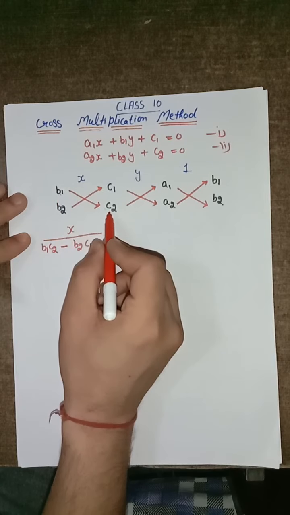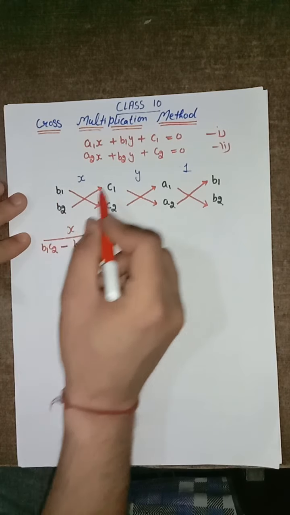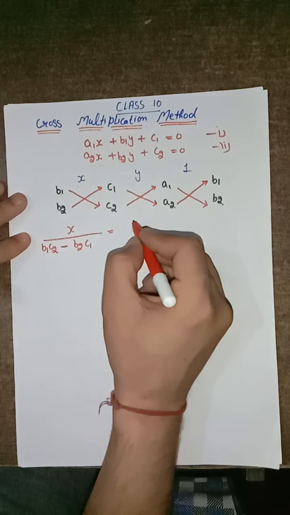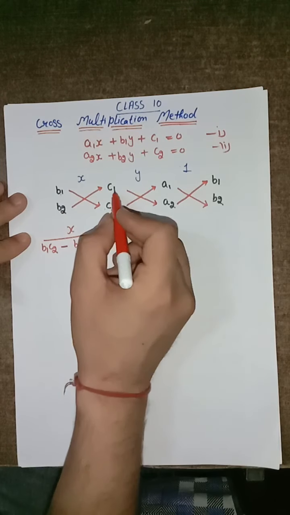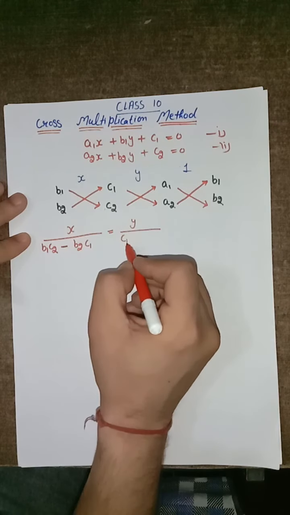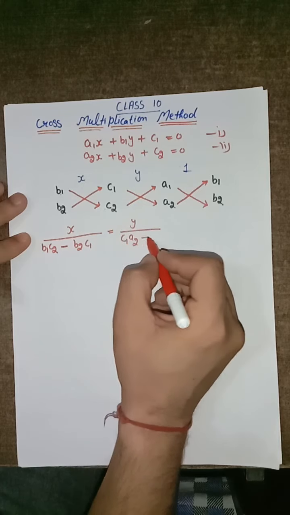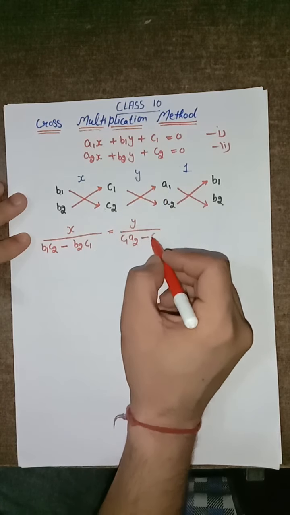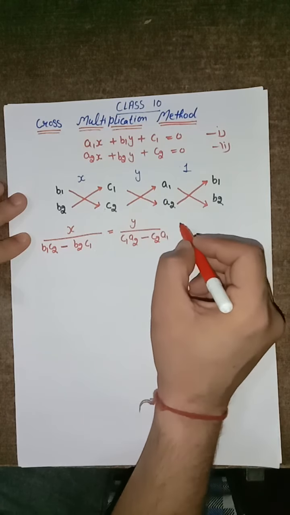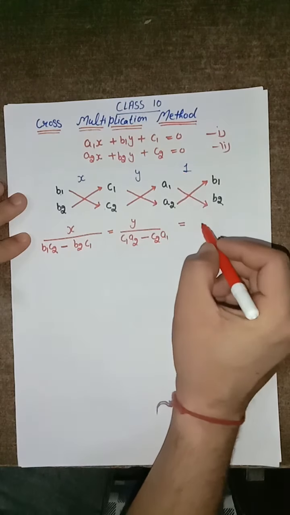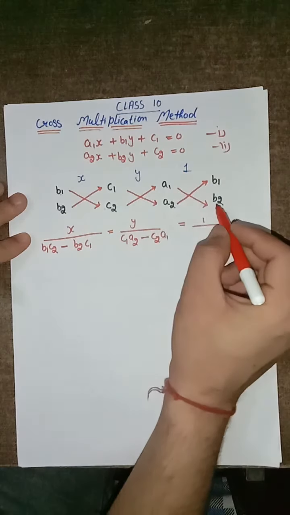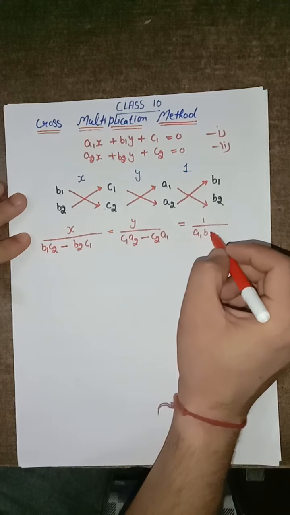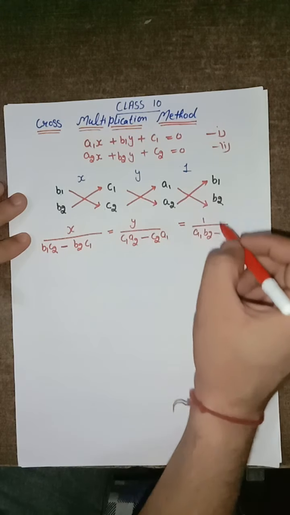So x over b1 c2 minus b2 c1 equals y over c1 a2 minus c2 a1, equals 1 over a1 b2 minus a2 b1.